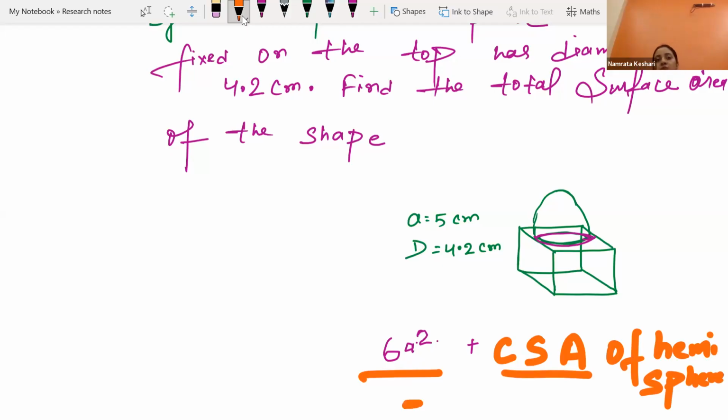Subtraction, what we will do? Think about it. Yes, we will do some subtraction, but think about it. What will we subtract? Subtracting the surface area of the sphere, right? Or the area of the circle? Area. Yes.